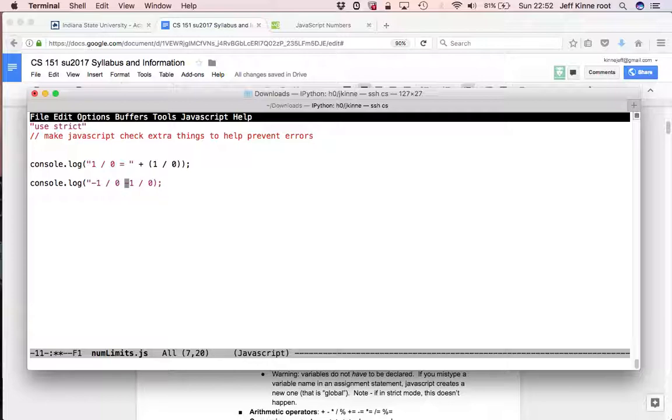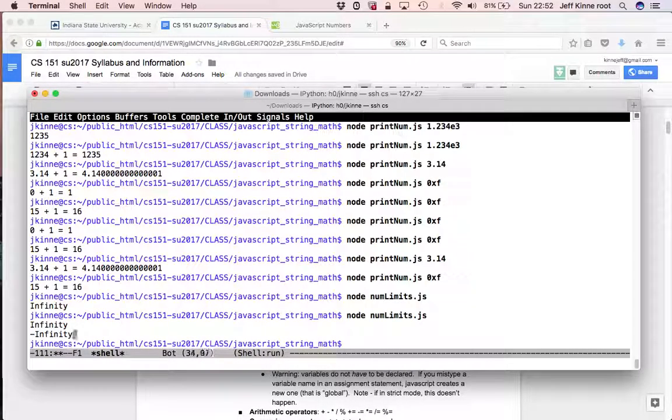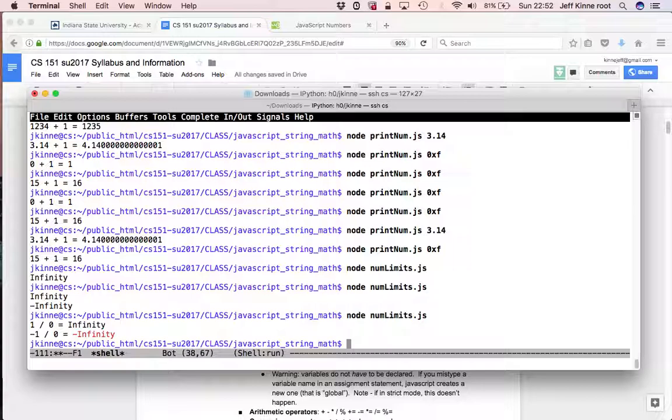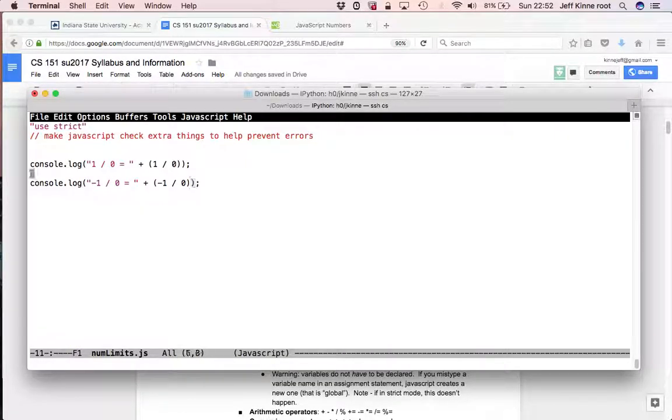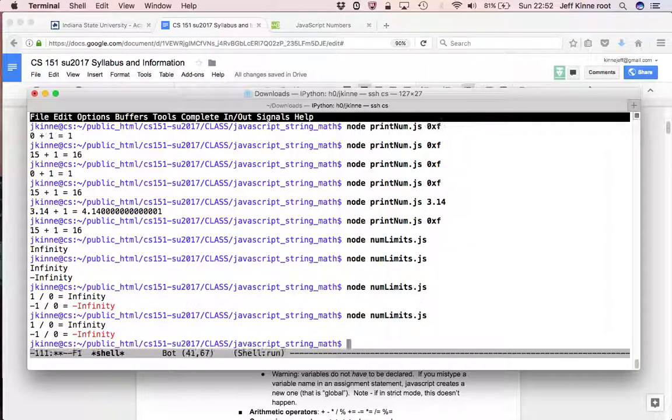Negative 1 divided by 0 equals. Okay, so that just prints a little bit nicer, and there we still see the infinity.